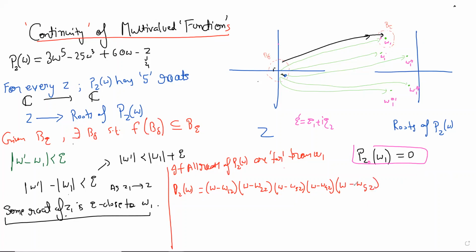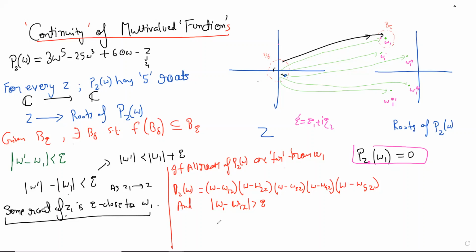If this is the situation, and this Z is such that none of the roots are close to W1, which is the meaning of far for us, it's more than epsilon distance from W1. From W1, they are all far.